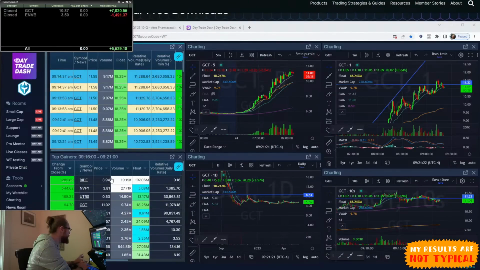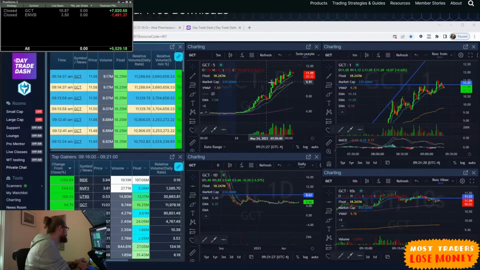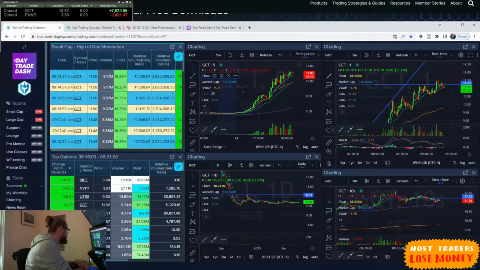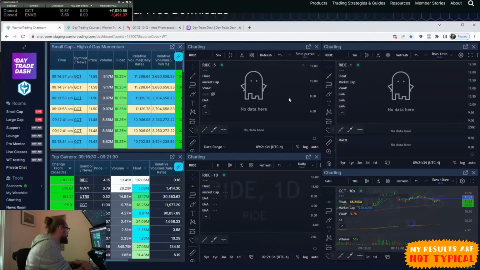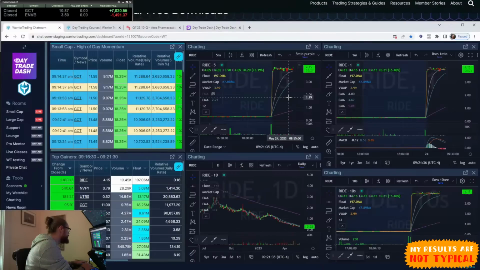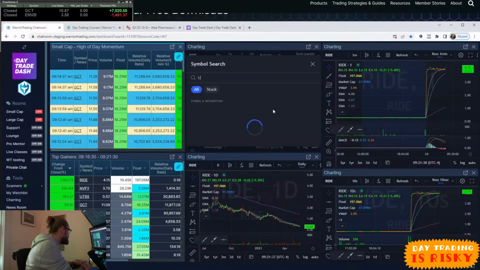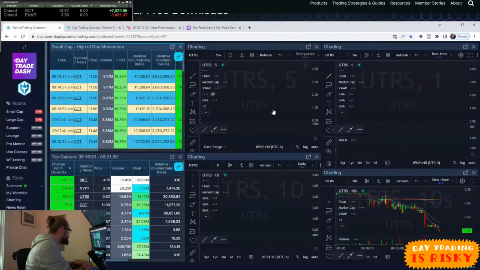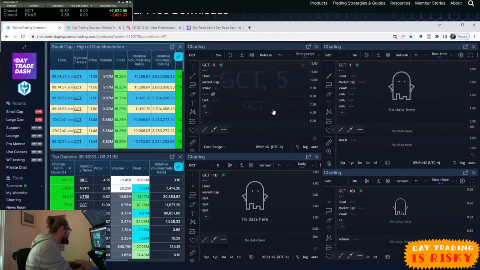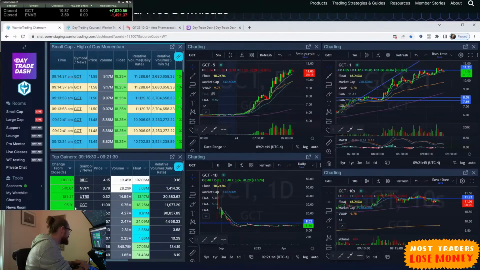But these are showing our top gainers in the entire market. Looking at RIDE, which is probably also a reverse split. I was going to guess. NVFY, yeah. UTRS, now UTRS is too cheap, which means GCT is in fourth position, but it's the first one I'd be interested in trading.